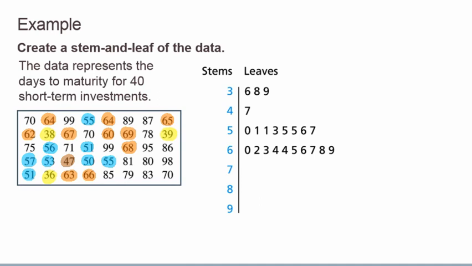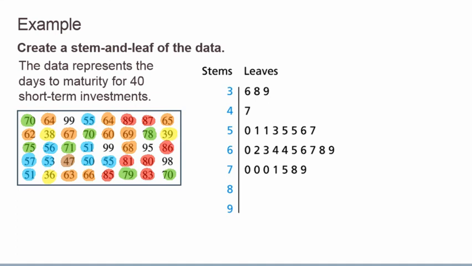Moving to the 70s, I have 70, 75, 71, 70, 79, 78, and 70. Putting those in numerical order, I have 0, 0, 0, 1, 5, 8, 9. Now I'm going to move to the 80s, which is 85, 81, 89, 87, 80, 83, and 86.